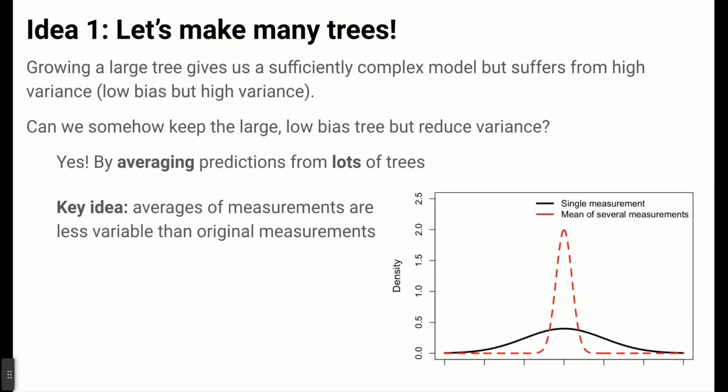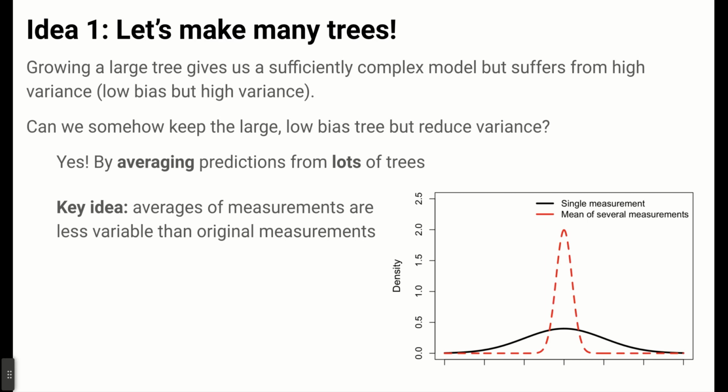This idea is rooted in the important statistical idea that averages can be much less variable than the original measurements. For example, the black trace in this figure shows the distribution of a given measurement, for example, height, over the individuals in a population. The red trace shows the sampling distribution of the mean of that measurement, for example, mean height, for a fixed sample size.